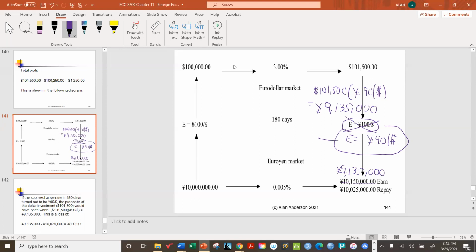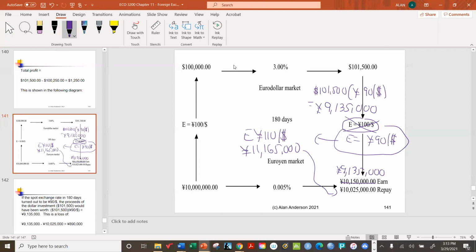And not only that, but if the yen got weaker for some reason, we would have made even more money because those dollars, wow, they would have been worth 165,000 yen. Wow, our profit would have been huge because remember, we only have to repay just over 10 million yen.